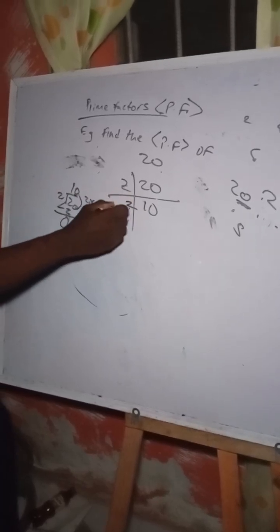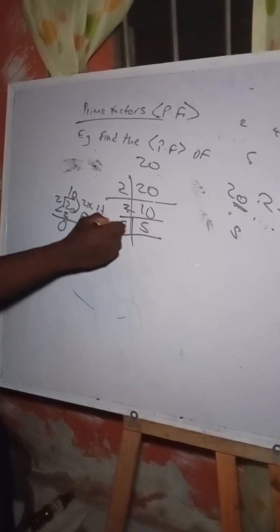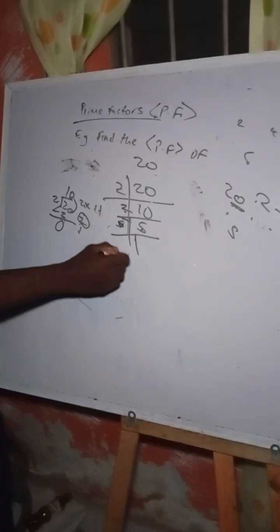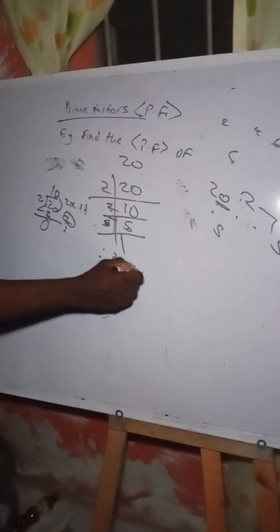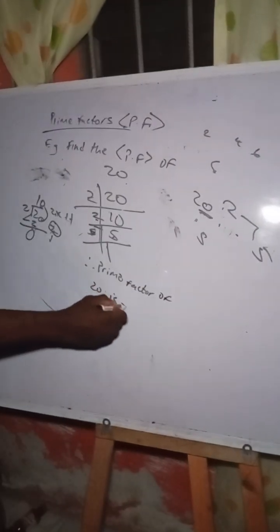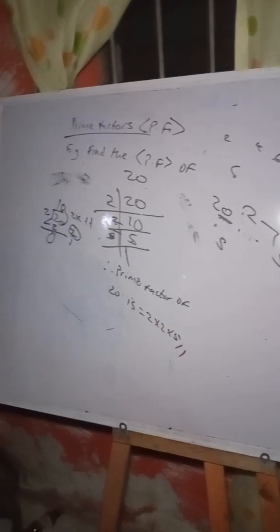How many 2 can go in 10? 5. What can go in 5? 5. 5 divided by 5 gives 1. Therefore, the prime factor of 20 is 2 times 2 times 5. This is your answer.